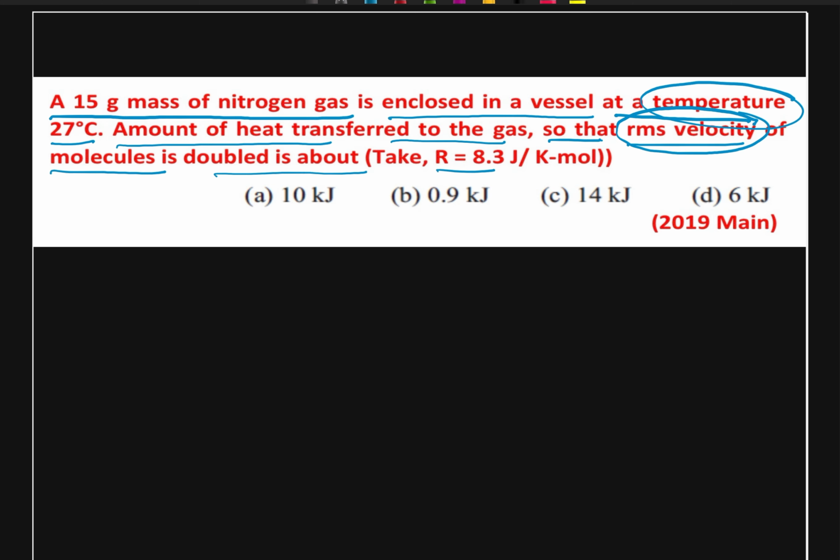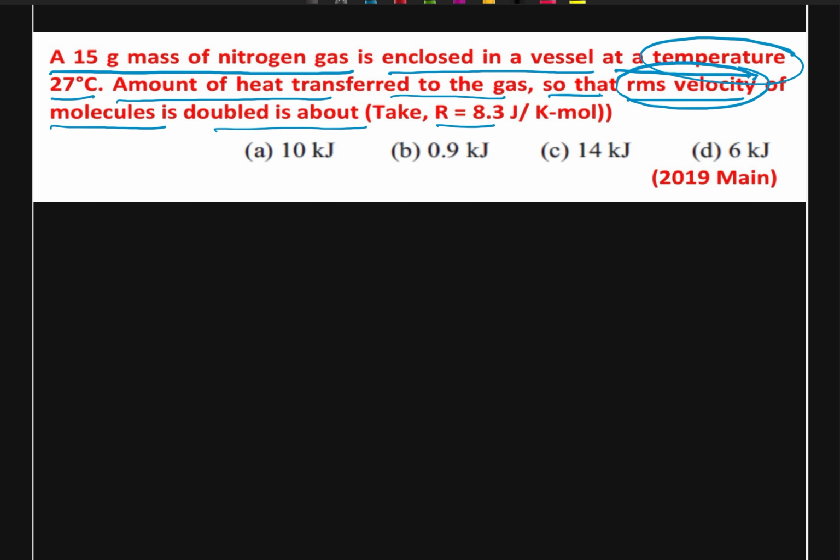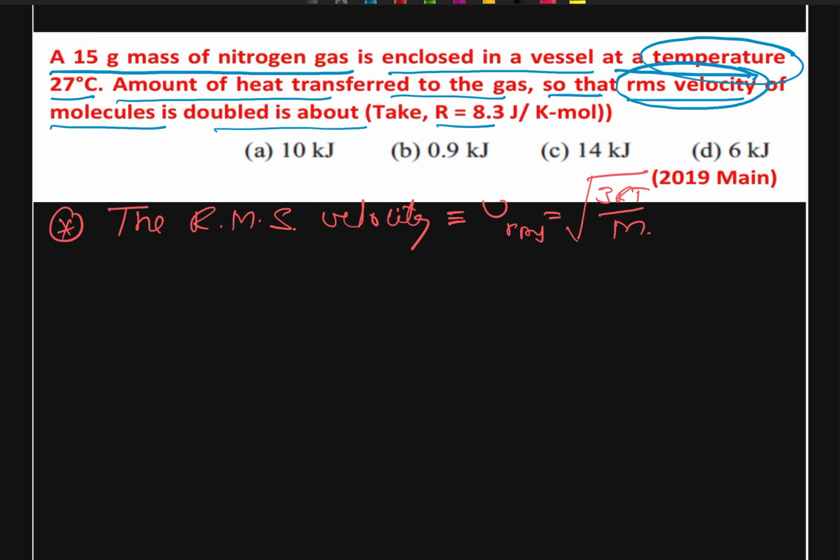So we start from the formula. We know that the RMS velocity, which is given as VRMS, is equal to the square root of 3RT divided by M, where M is the molar mass, R is the gas constant, and T is the absolute temperature.